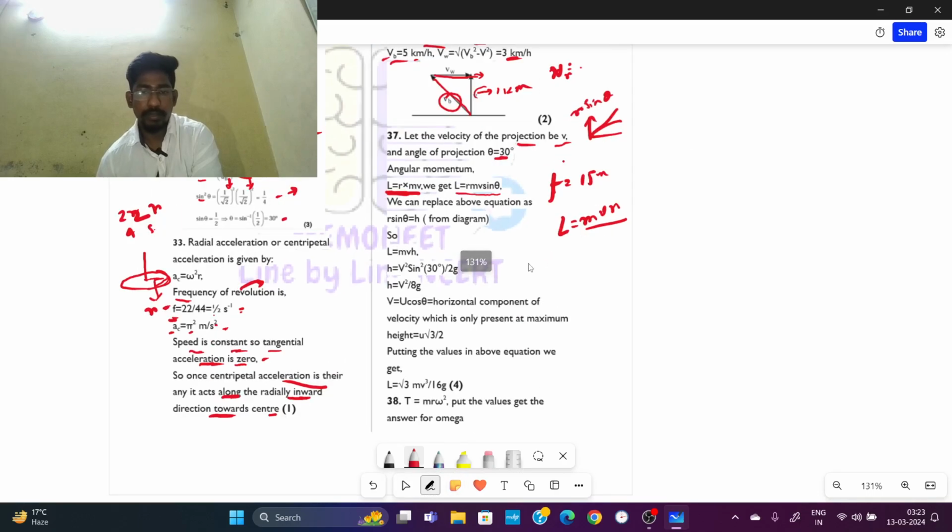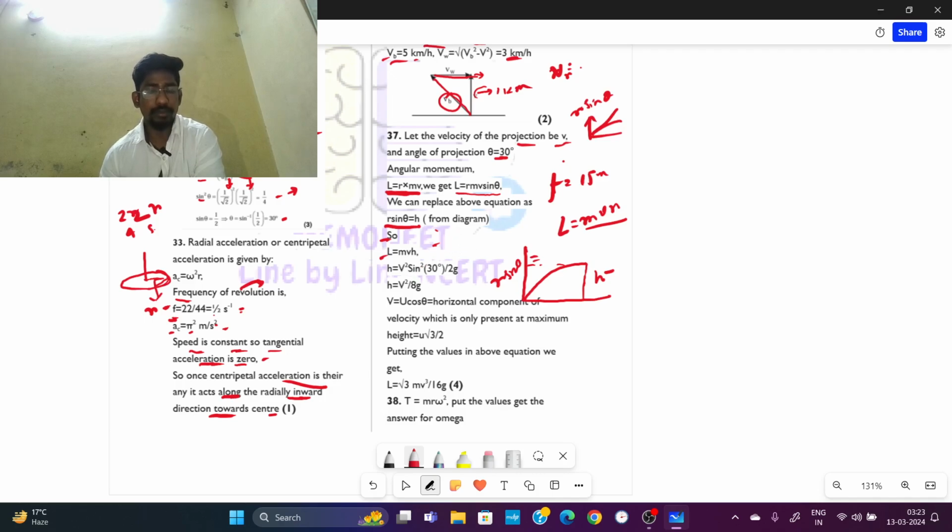Okay, so if you take the diagram like this, this is h, and this is also r sine theta. So therefore you can say h is equals to r sine theta, right? So L was mv r sine theta. In place of r sine theta, we will replace the r sine theta by h. Therefore L will be equals to mvh.